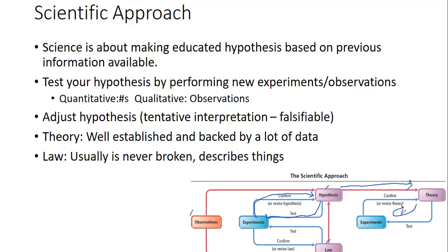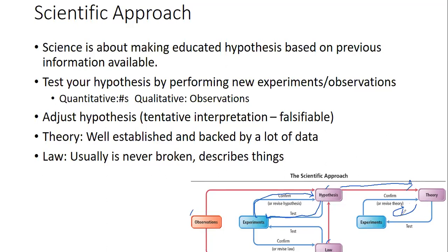One thing that is different between scientists and non-scientists is the way we use the words hypothesis and theory, right? You can often see this come up when you talk about controversial theories, like the theory of evolution, for example.